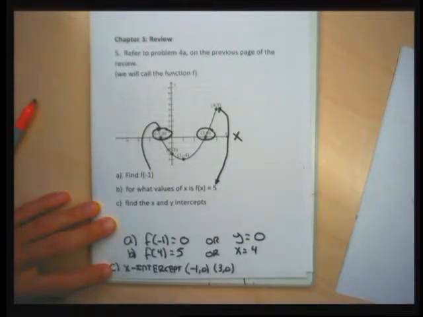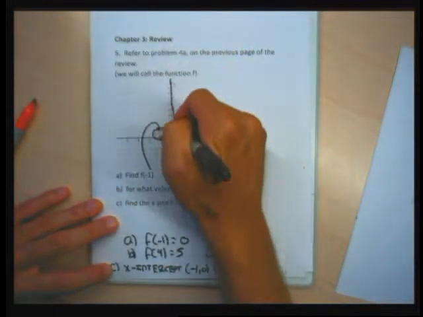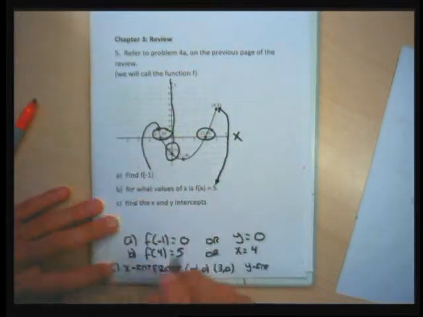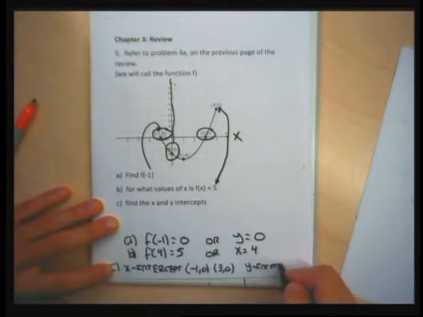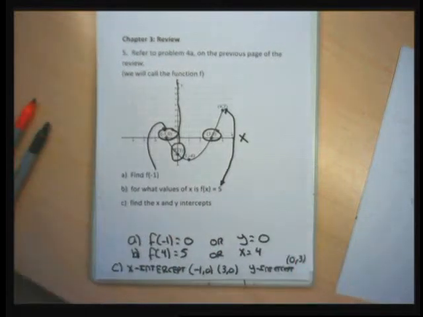For the y-intercept, I look at the y-axis, and the point on the y-axis is 0, -3. So for the y-intercept, I'm going to say it's the point 0, -3. So none of the parts of number 5 require any algebra.